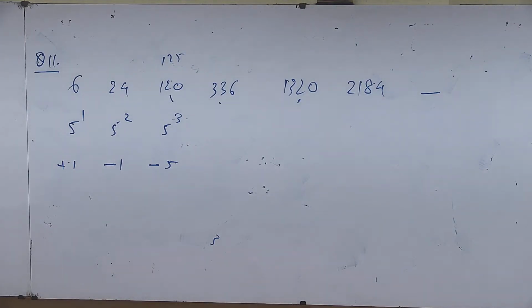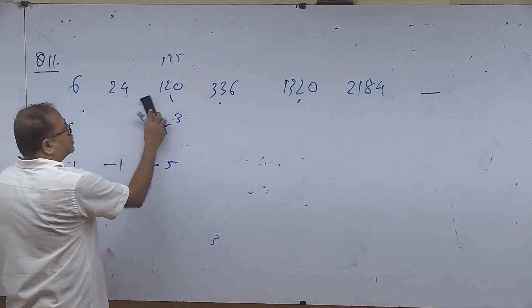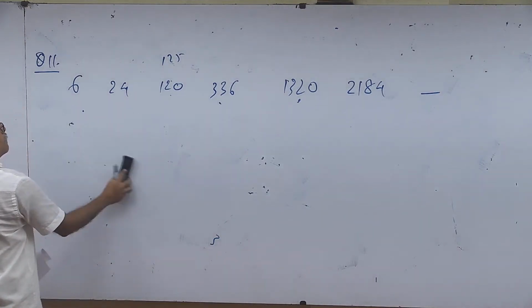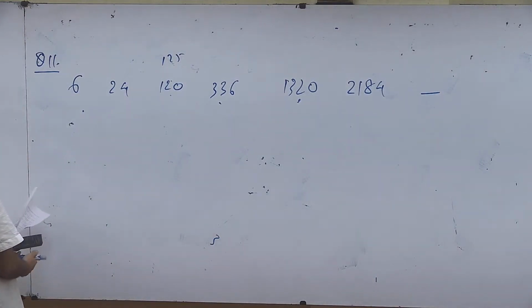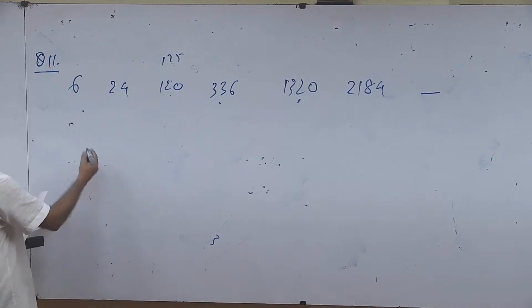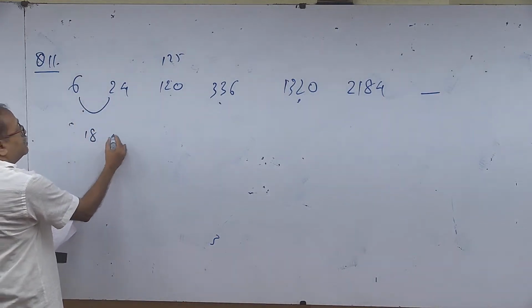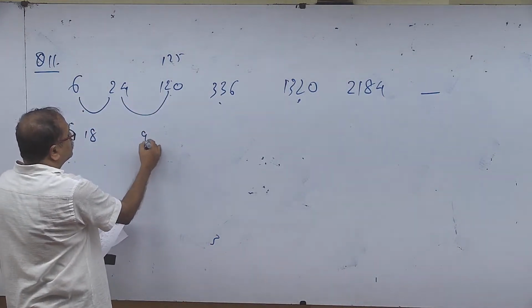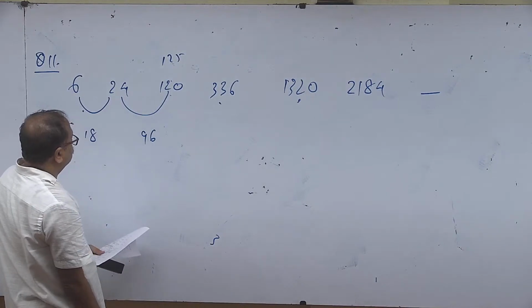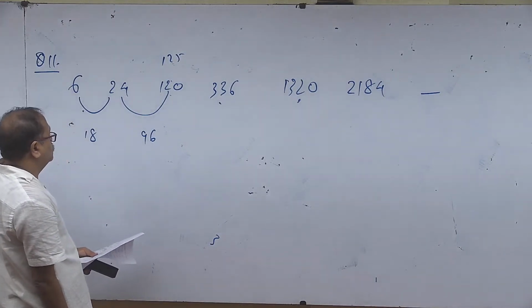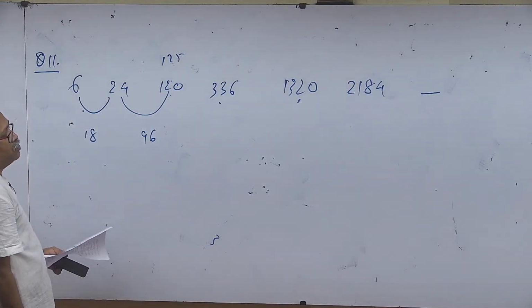What else could be the relation? We are not getting the relation in this manner. So it's not working out with the multiplication. Okay. Can I take the difference and try this? What is the difference? 18. What is the difference? 96. No.